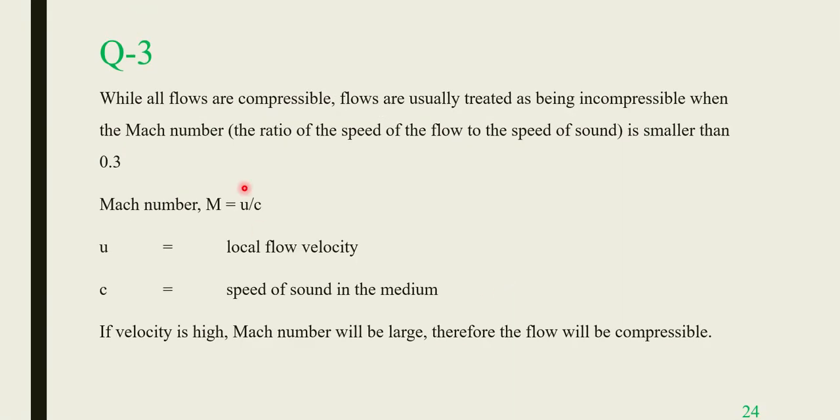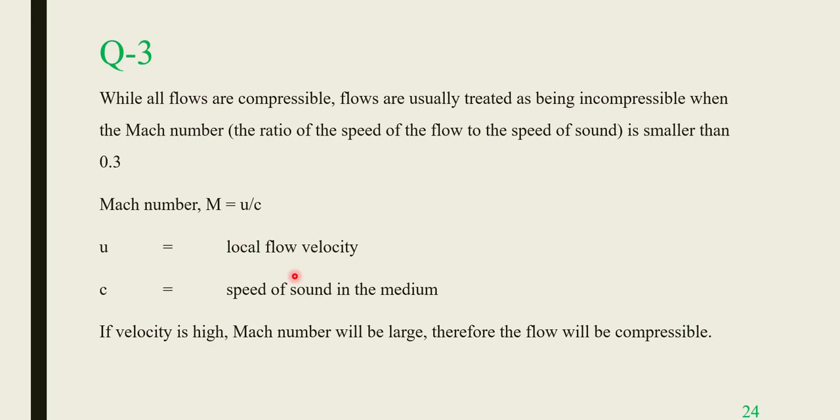We can see that while all flows are compressible, flows are usually treated as being incompressible when Mach number is smaller than 0.3, where Mach number is the ratio of the speed of the flow to the speed of sound in the medium. For example, the Mach number is given by M = u/c, where u is the local flow velocity and c is the speed of sound in the medium.